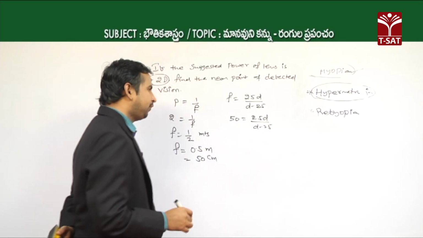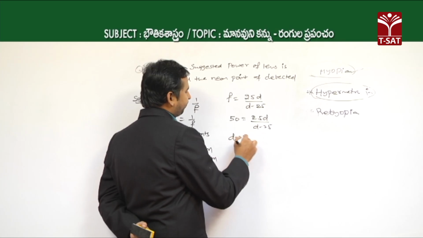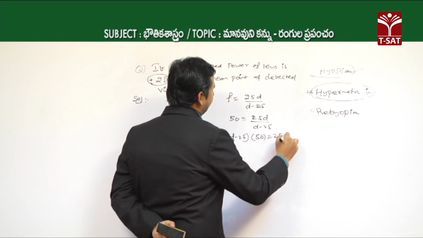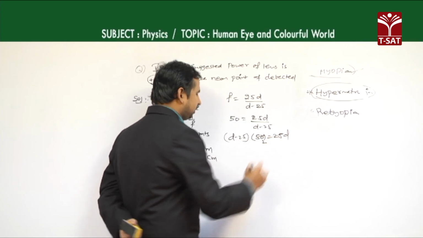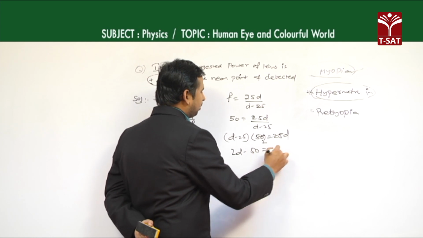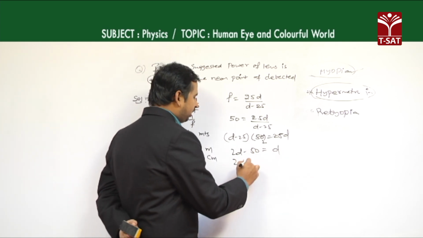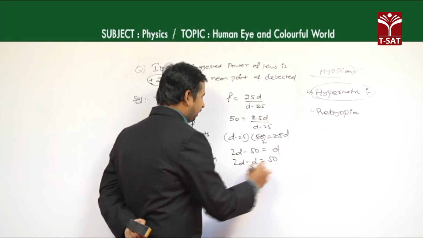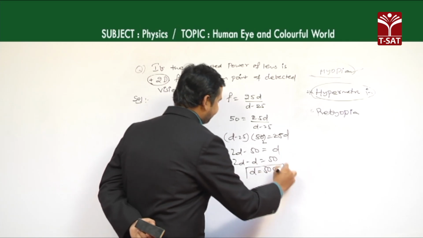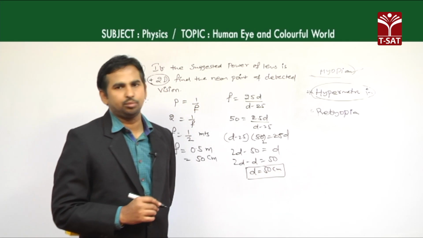Then if you cross multiply, you will get (d minus 25) times 50 is equal to 25d, which you can cancel. So, you will get 2d minus 50 is equal to d. Then if you bring the d to this side, 2d minus d is equal to 50, and d is equal to 50 centimeters. Okay. So, the near point distance is about 50 centimeters.